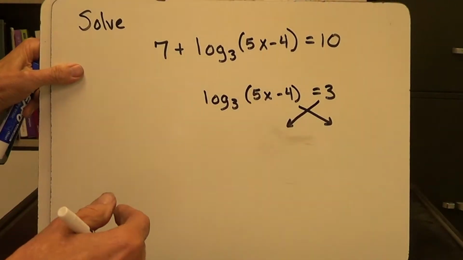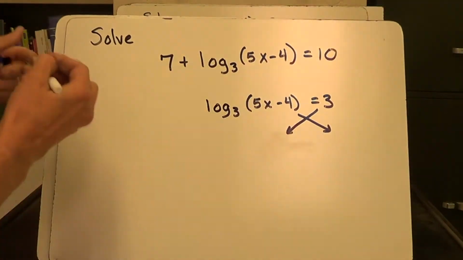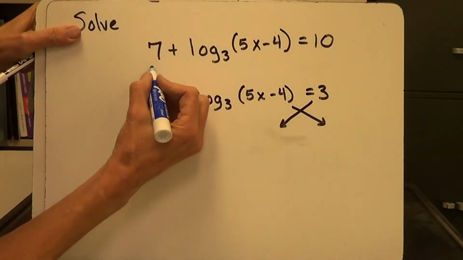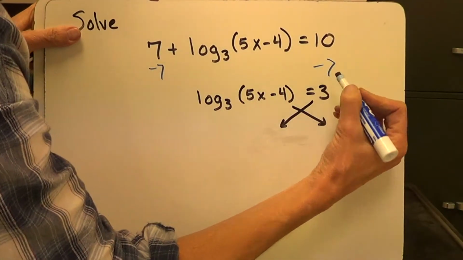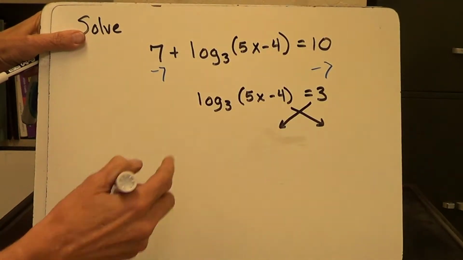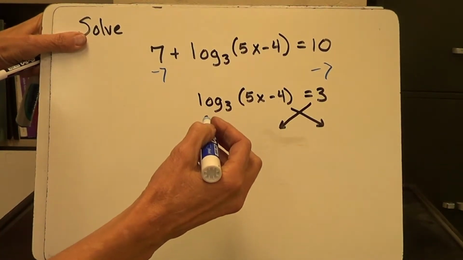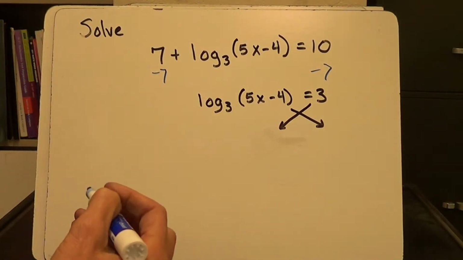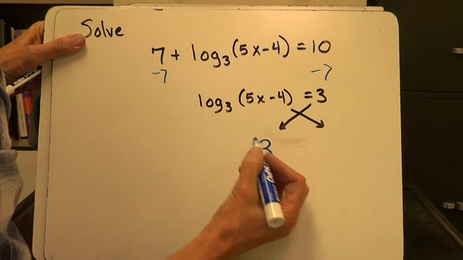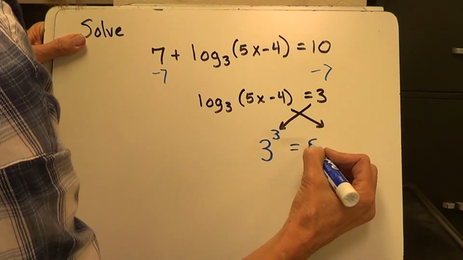The first step on this one is to get the log by itself. So I subtracted 7 from each side. We get log base 3 of 5x minus 4 equals 3. On this one, I would just switch it to the exponential: 3 raised to the 3 equals 5x minus 4.